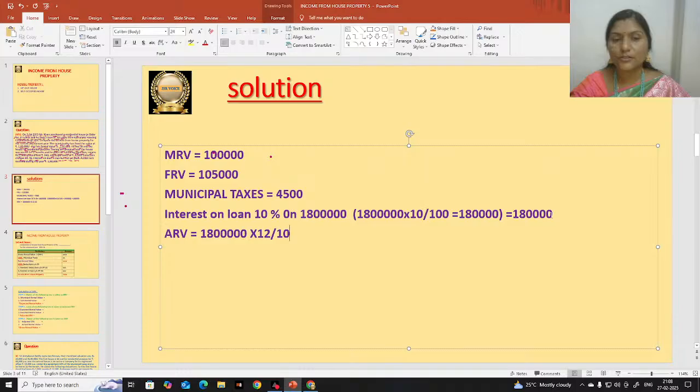So 18 lakhs into 12, divided by 10. How much will you get now? 18 lakhs into 12 by 10, so you will get 21,60,000. That is your ARV for 1 year.